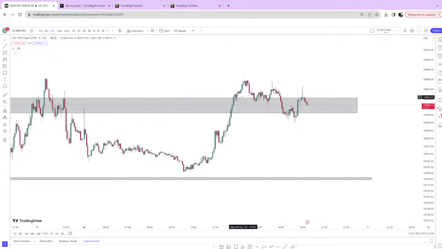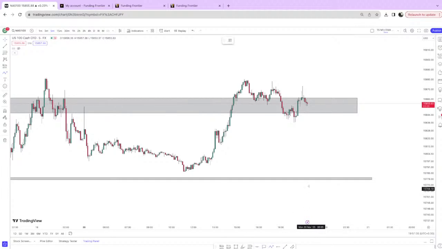Or you can look at this as one head of a head and shoulder. This is a shoulder, this is a head, and one more. If it breaks this level, then retests and gives a downside view, then I am interested in a bearish trade also. So this is my view for today.